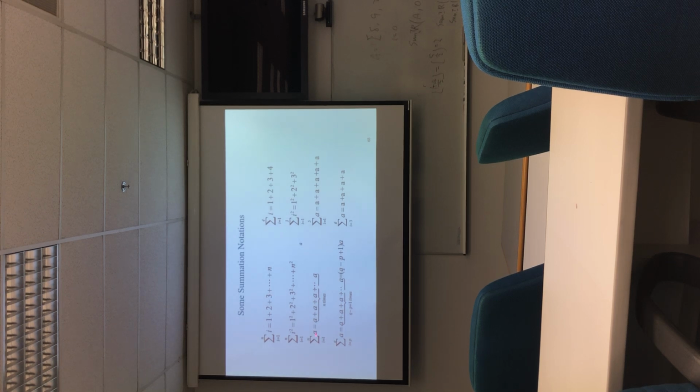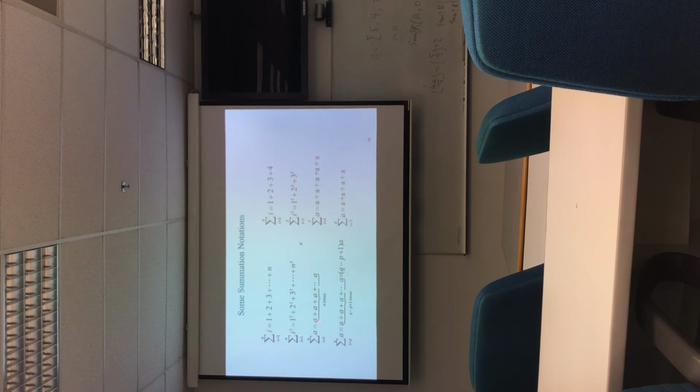So just now I mentioned that this is a term in the summation, this is the index for the first term, and this is the index for the last term. But in this case, the term does not depend on i, right? There's no i there. What does this mean? That means the term is constant. Since there's no i here, i is the only thing that changes.